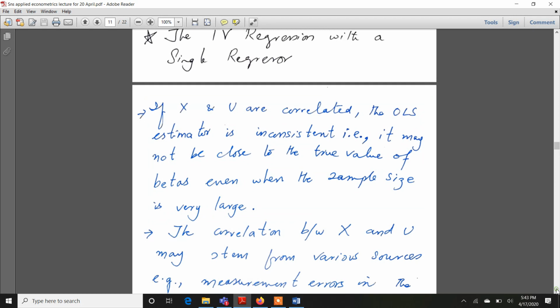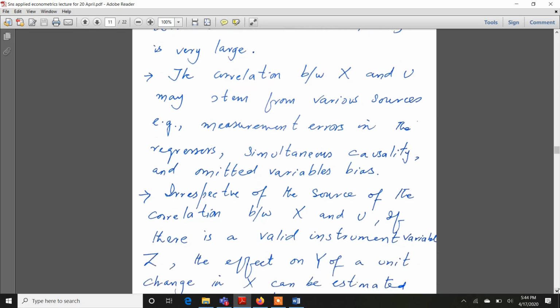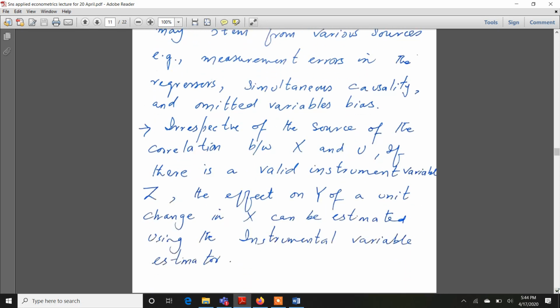Okay, so the correlation between x and u may stem from different sources, for example, measurement error, simultaneous causality, or omitted variable bias. So whatever the source of endogeneity, or the correlation between x and u, you can address that using instrumental variable regression, right?